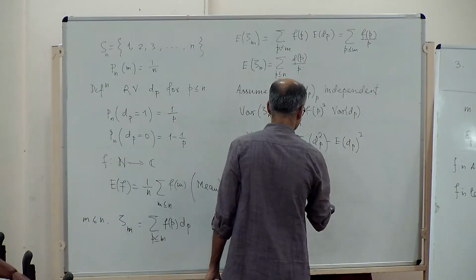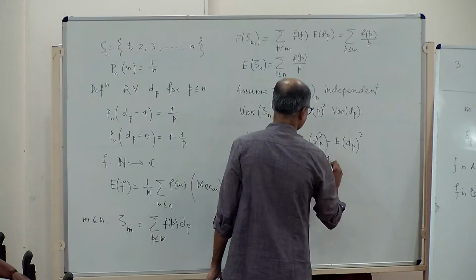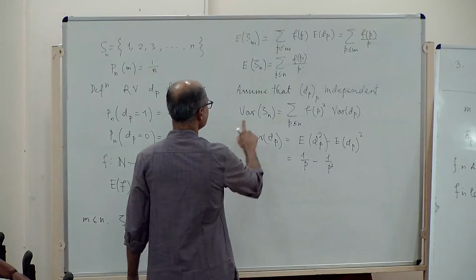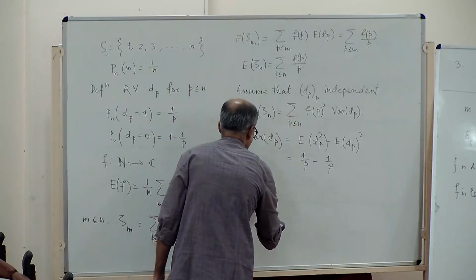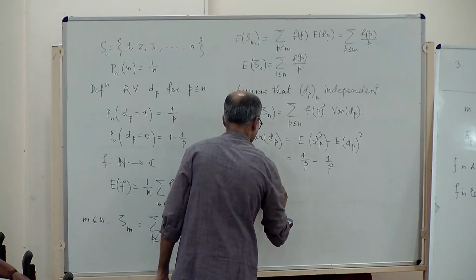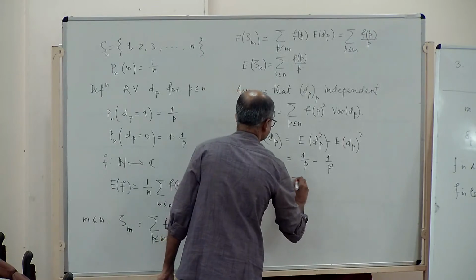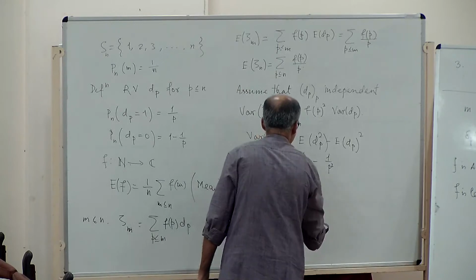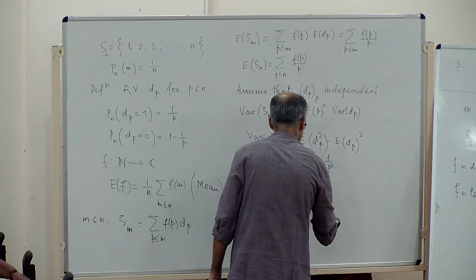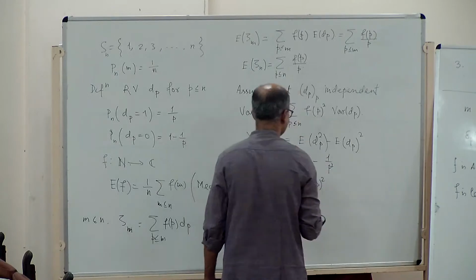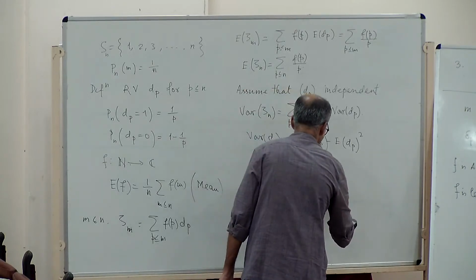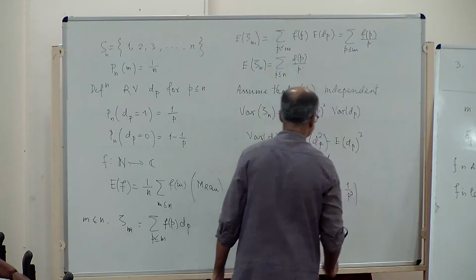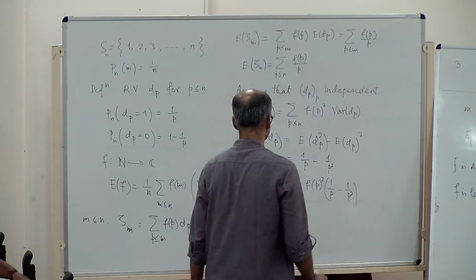So this is 1 over p and this is 1 over p squared. So the variance is the sum of f(p) squared times (1 over p minus 1 over p squared).